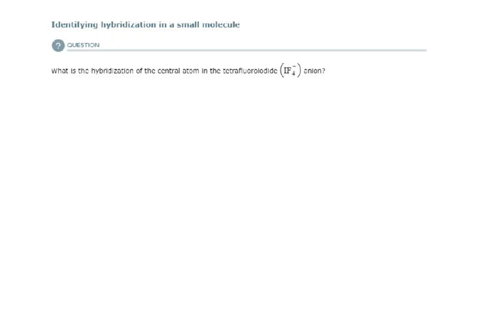All right, so here we are identifying the hybridization in a small molecule, the hybridization of the central atom. And what hybridization really is, is a little bit of an additional explanation.